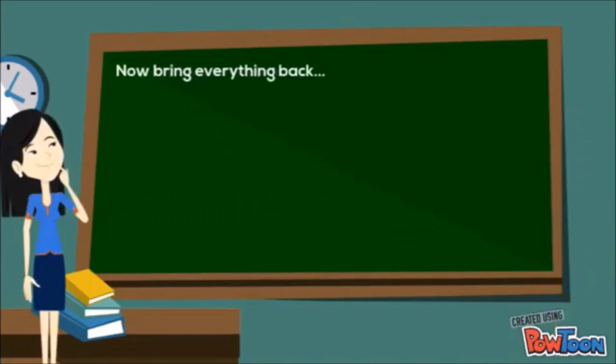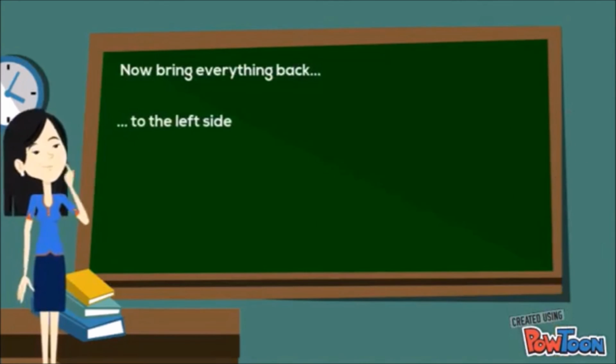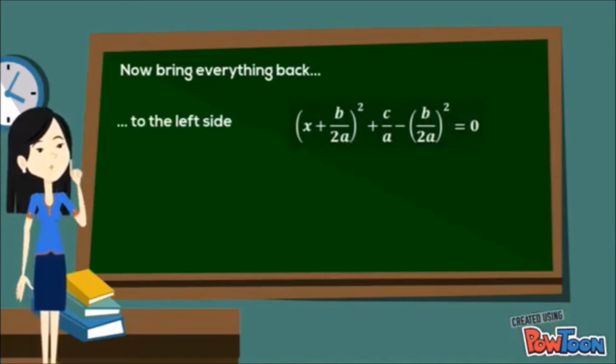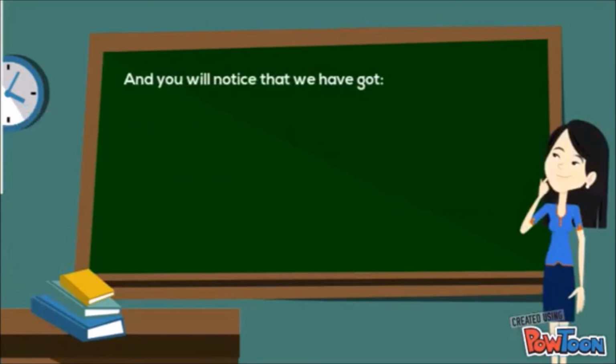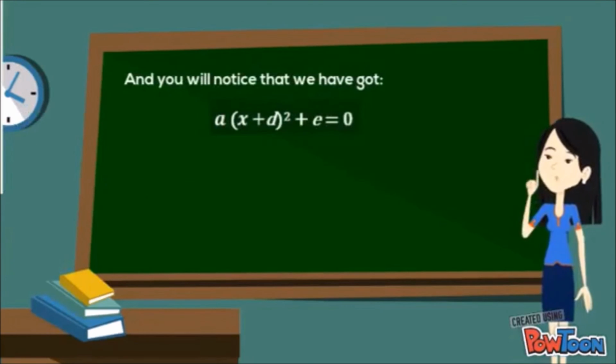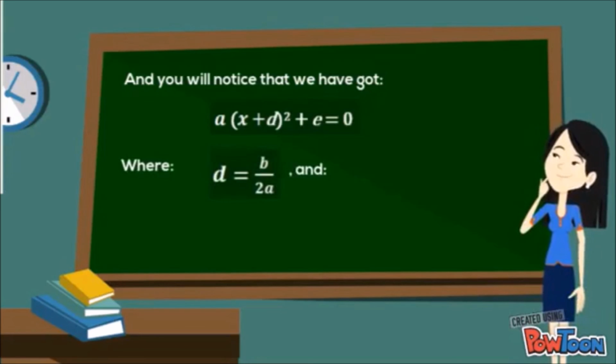Now, bring everything back to the left side, to the original multiple A of x squared, and you will notice that we got A times the quantity of x plus D squared plus E equals 0, where D equals B over 2A and E equals C minus B squared over 4A.